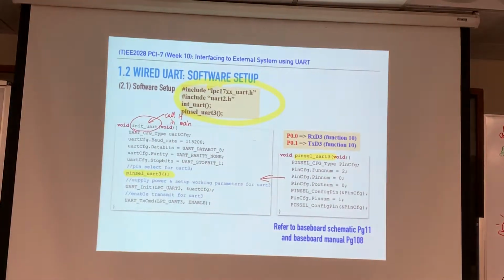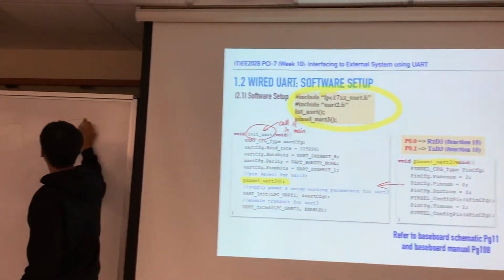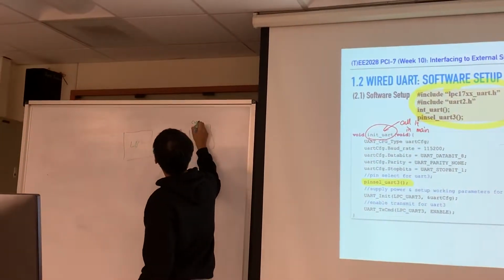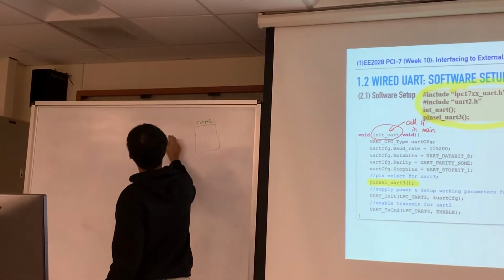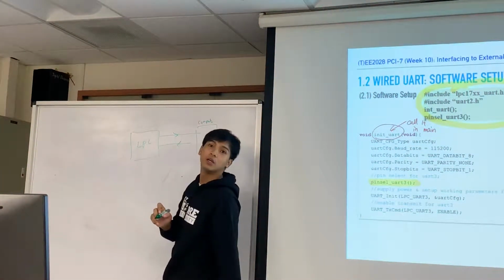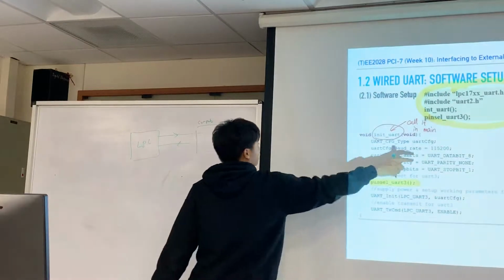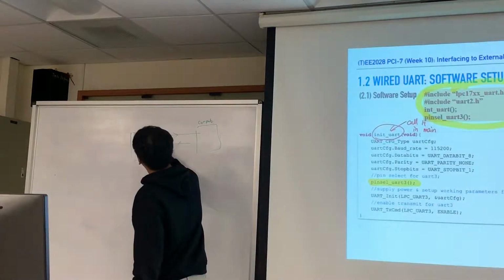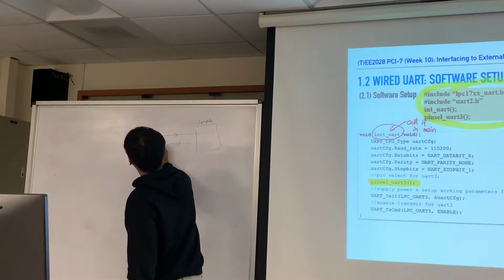So how does the UART work? You have your LPC, and then you have your computer. The UART works by transmitting data through one line and receiving through another line. In our case, we'll be using port 0, pin 0, and port 0, pin 1.